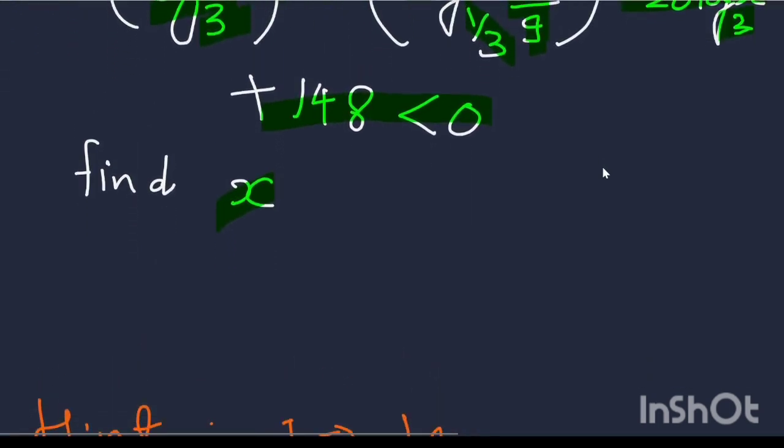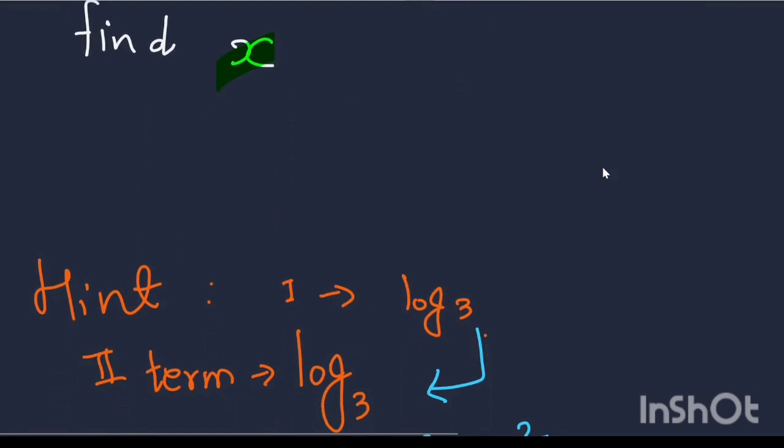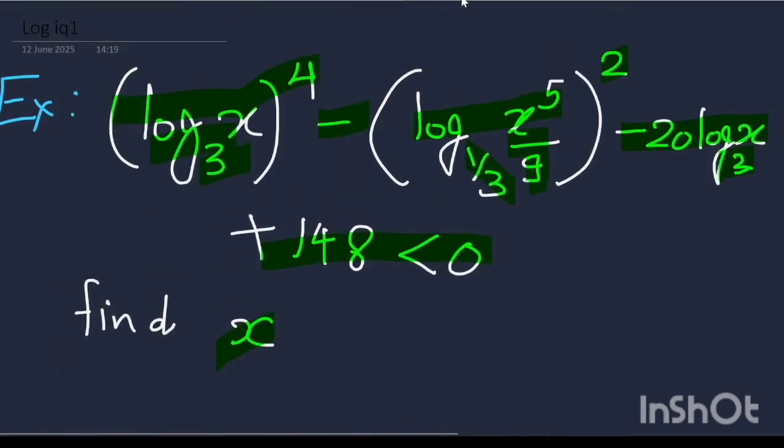As you can see, the first term here contains the base 3. Here the base is 1 by 3. So 1 by 3 base can be converted to 3. Here also the base is 3 only. So everything is in base 3, log x base 3, everything can be converted.